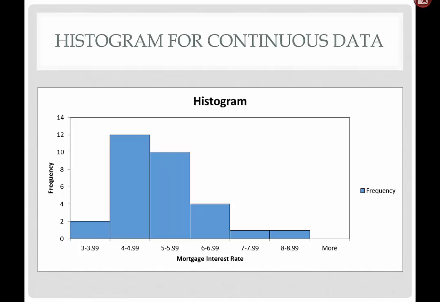So I would always start with drawing my X and Y axes, but then labeling my X axis and making sure that the width of my classes is the same, because remember, we want our bars to be the same width. If you change the width of the bars, that's going to skew your data, and we'll talk about that in the next section. But anyway, you want your class widths to be the same, and they need to be touching each other.